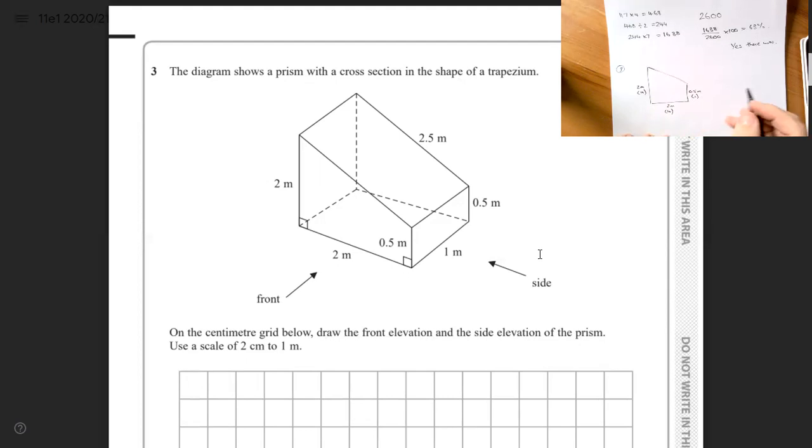Your side elevation is 1 metre, so that'll be 2 squares wide. It'll be 2 metres, so that's 4 squares high, and this is at 0.5 metres. So that's 1 square high there.